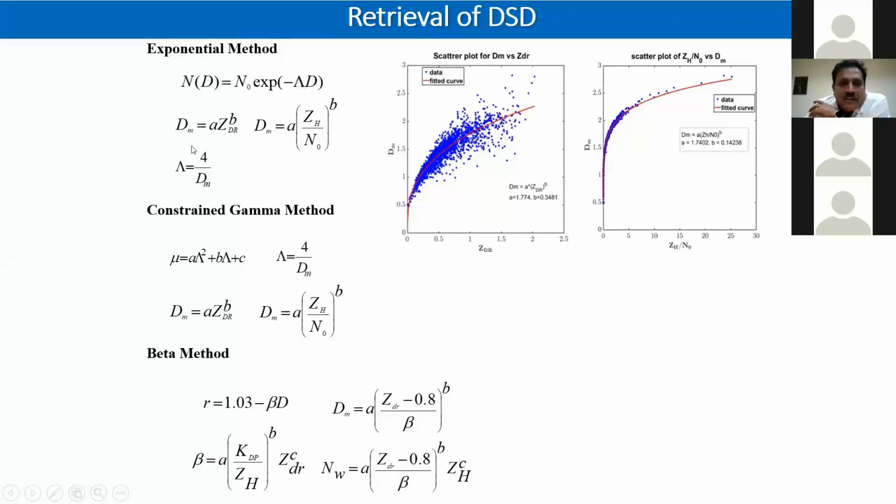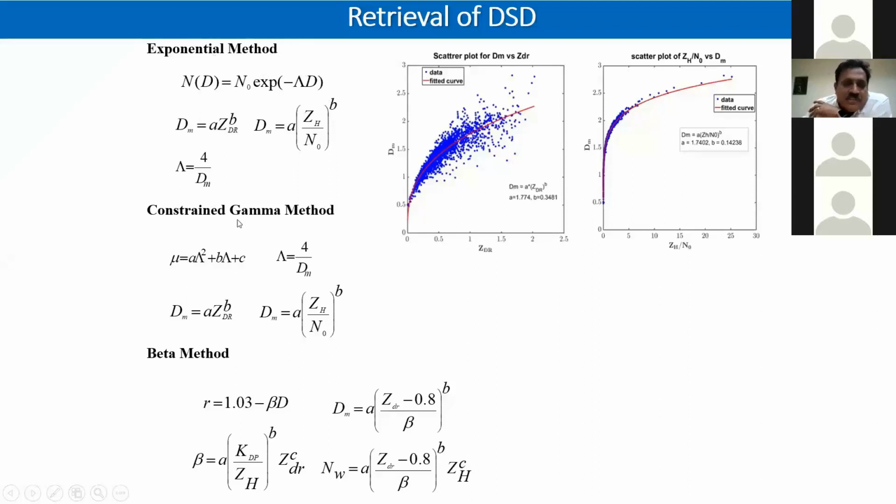The lambda can be calculated once you know the Dm. This Dm is estimated from the differential reflectivity, ZDR, which we can get directly from the radar. Using an empirical relation between Dm and ZDR, you can calculate the lambda. And once you have this parameter, you can also calculate N naught. That way you can calculate the total raindrop size distribution using the exponential method.